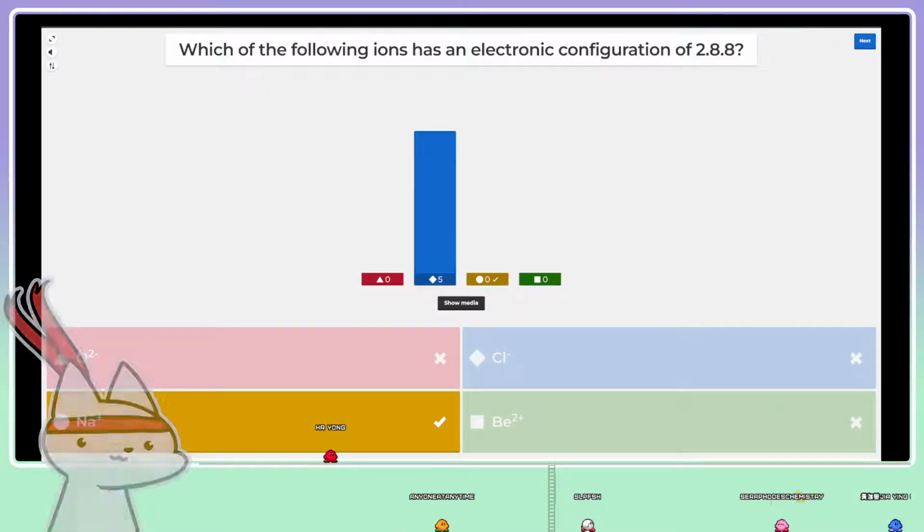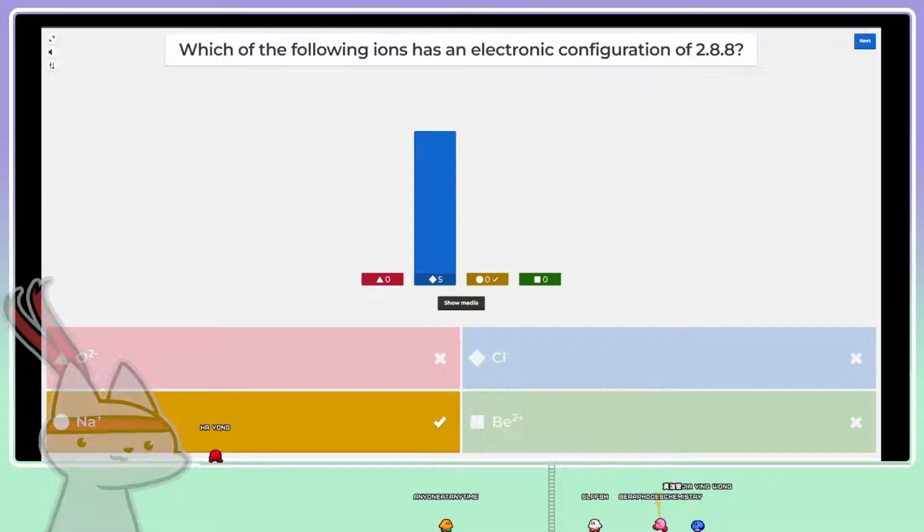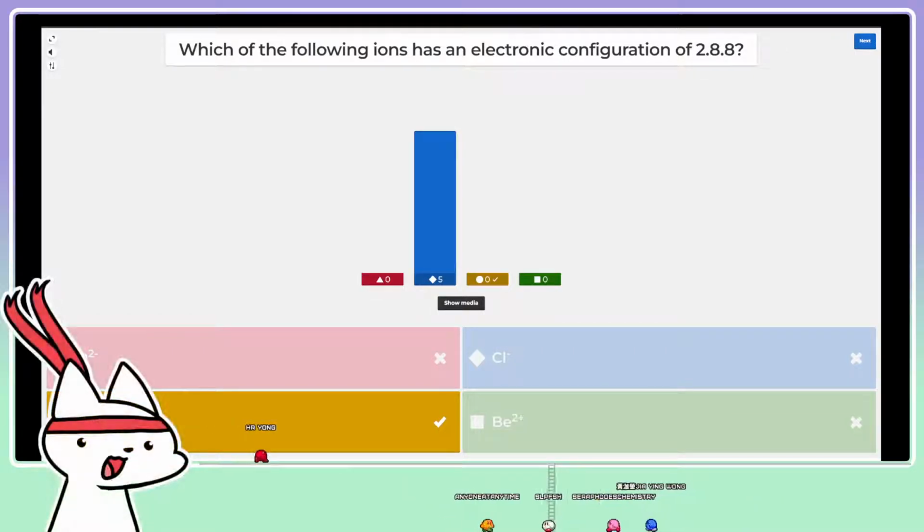Which of the following ions has a configuration of 2.8.8? Let me think about this. Chlorine will be 2.8.7 plus 1. Sodium will be 2.8.1. Moderators, I think something's wrong with the question. Answer is chlorine.